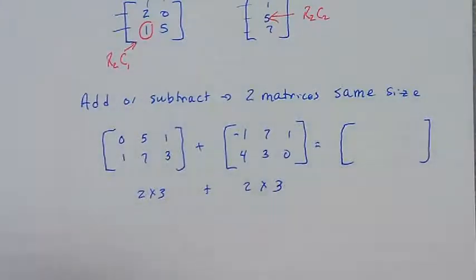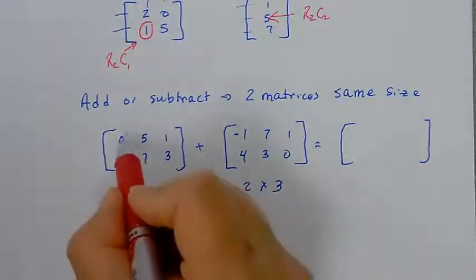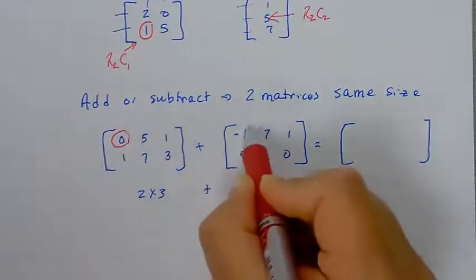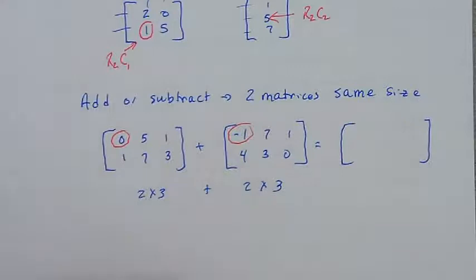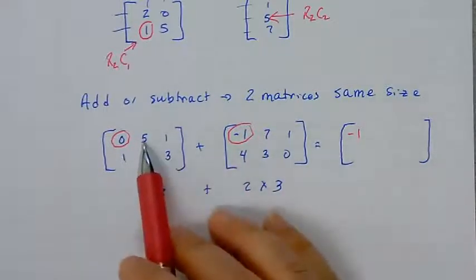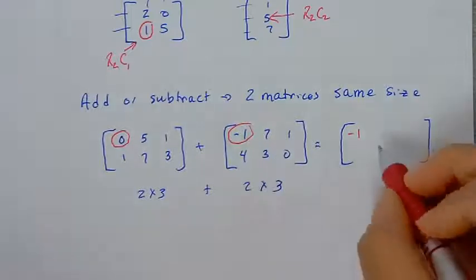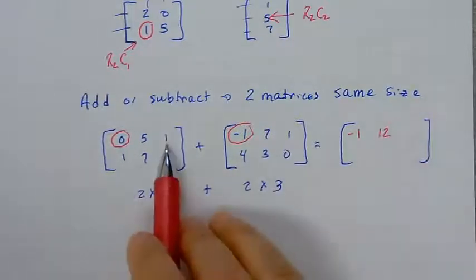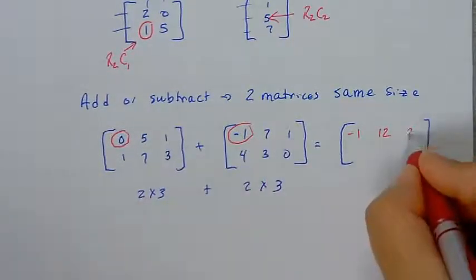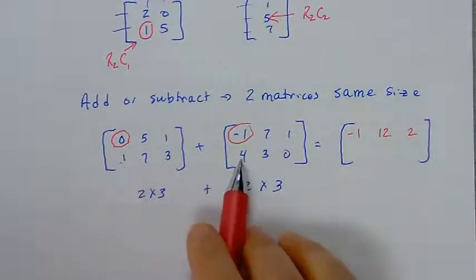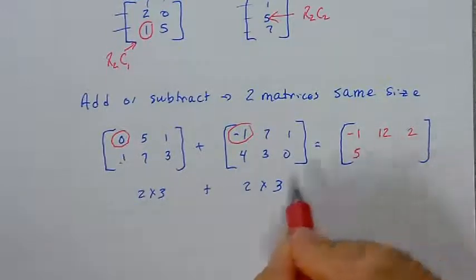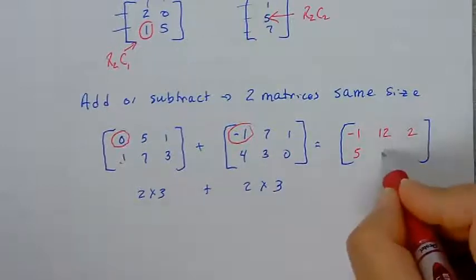Whenever you add matrices, you add the same elements together. So row 1, column 1 is going to be added to row 1, column 1. So 0 plus -1 would be -1. Row 1, column 2, 5 plus 7 would be 12. 1 plus 1 would be 2. 1 plus 4 would be 5. 7 plus 3 would be 10.